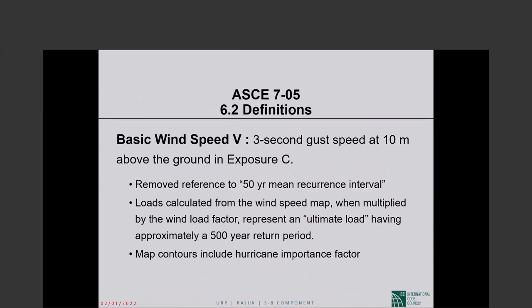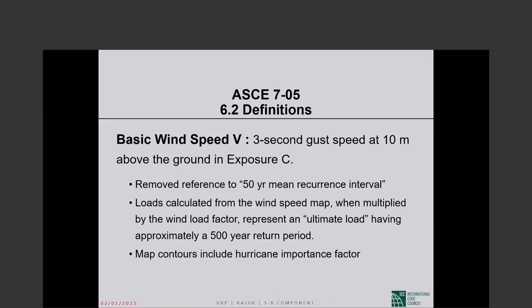But these minimum design wind loads, there are times when they govern. Okay, ASCE 7 definition of basic wind speed. They did away with the 50-year return period on the wind in ASCE 7-05. The ASCE 7 committee pointed out that loads calculated from the design wind speed map, we get the speed from the map, the square of that multiplied by other things gives us pressure.